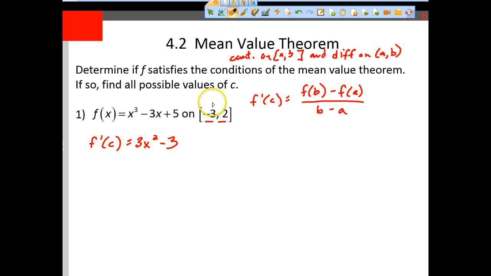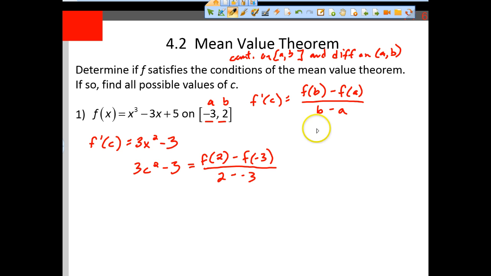In this case, a is -3, b is 2. So f prime of c, that means 3c squared minus 3 must be equal to f of 2 minus f of -3, over 2 minus -3.